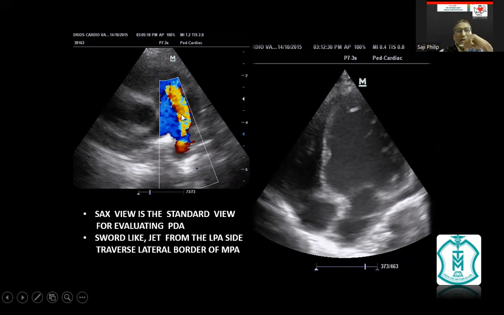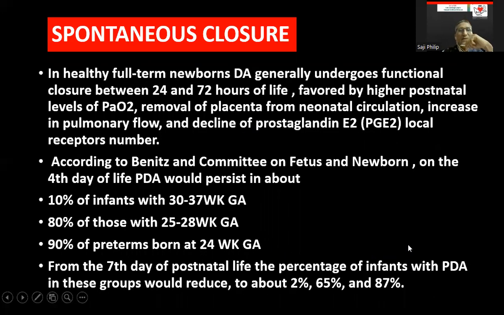So a red or orange color or turbulence within the blue color is nothing but the ductus arteriosus, a sword-like jet from the LPA side traversing the lateral border of the MPA. Indirectly, the LV will be dilated and the LA will be dilated.